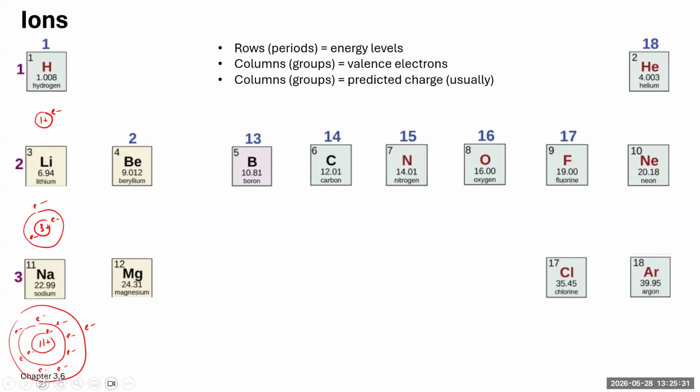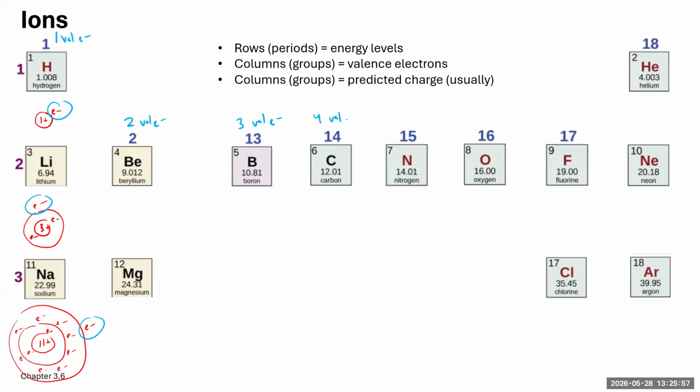But if you look here, if we look at the valence electrons, we have one valence electron for hydrogen, one valence electron for lithium, one valence electron for sodium, right? So again, this column is one valence electron. This is two valence electrons. This is three valence electrons.